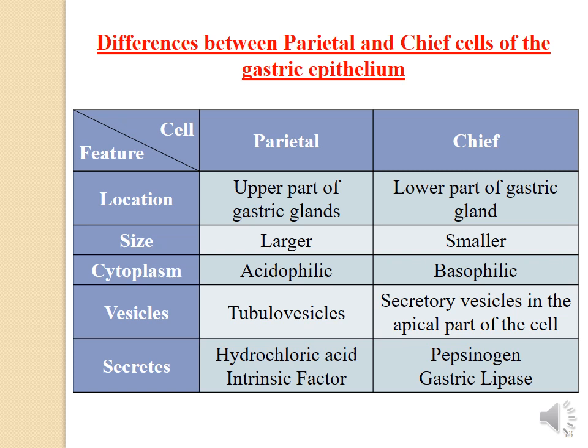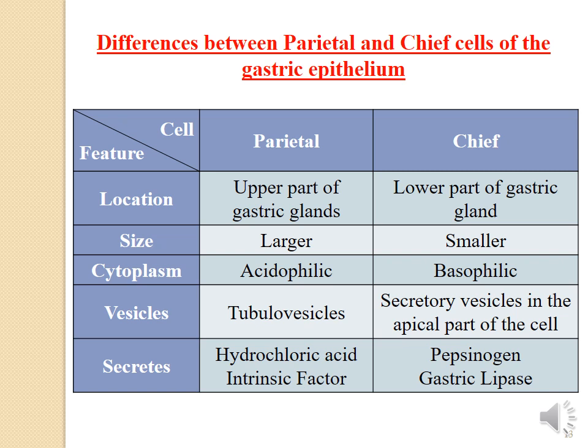So what are the differences between parietal and chief cells of the gastric epithelium? Now, we talked about most of these features. Parietal cells are found in the upper part of the gastric glands, whereas chief cells are found in the lower part. The parietal cells are larger, whereas the chief cells are smaller.